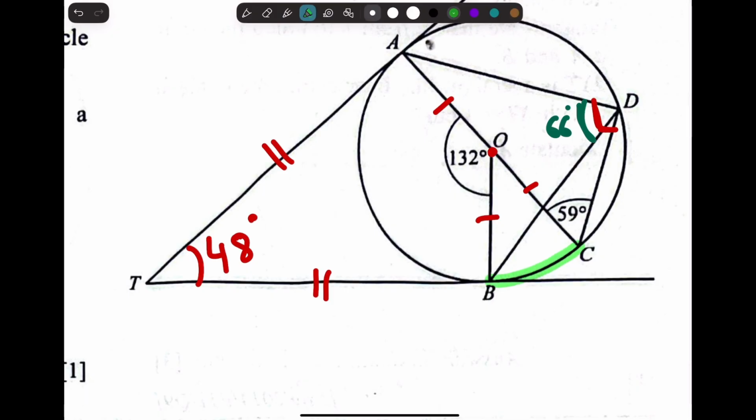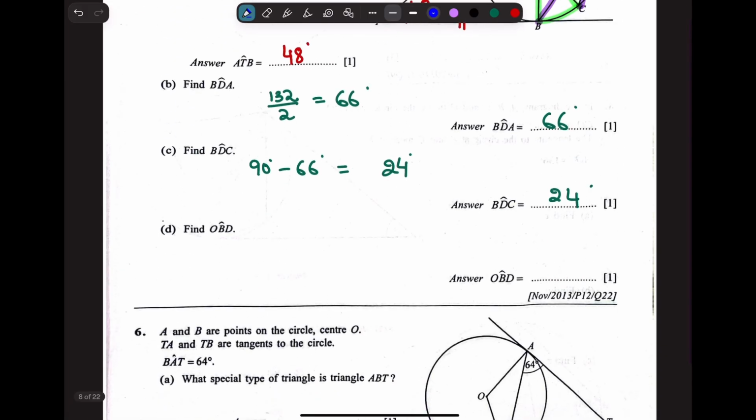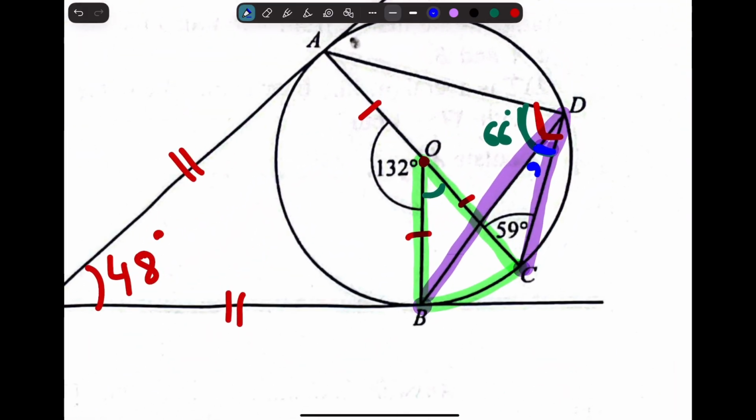So the angle subtended by the arc at the center is twice the angle subtended by the arc BC at the circumference, right? Okay, so we know that this angle, this angle is what? It was 24. Okay, so this angle is 24. So the angle at the center would be double of this angle, right?